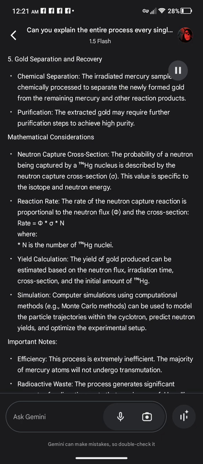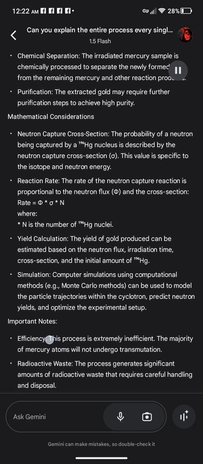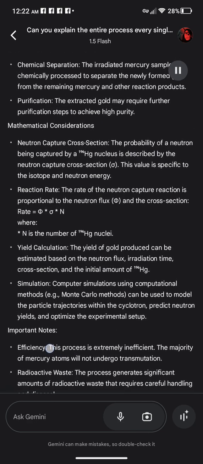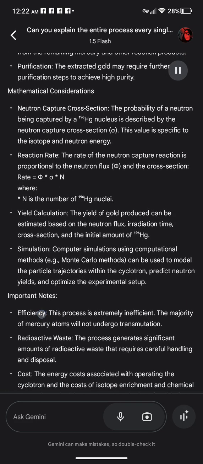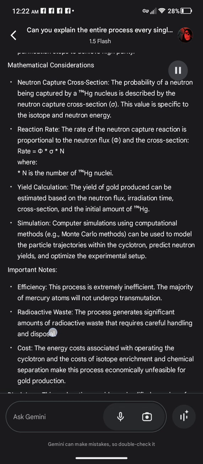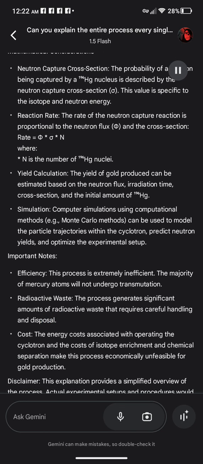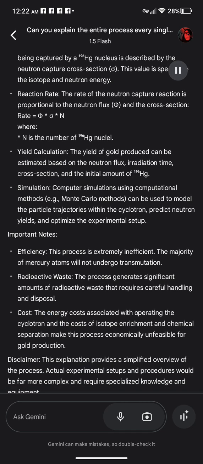Mathematical considerations. Neutron capture cross-section. The probability of a neutron being captured by a 196Hg nucleus is described by the neutron capture cross-section, sigma. This value is specific to the isotope and neutron energy. Reaction rate. The rate of the neutron capture reaction is proportional to the neutron flux, phi, and the cross-section: rate equals phi sigma n, where n is the number of 196Hg nuclei.